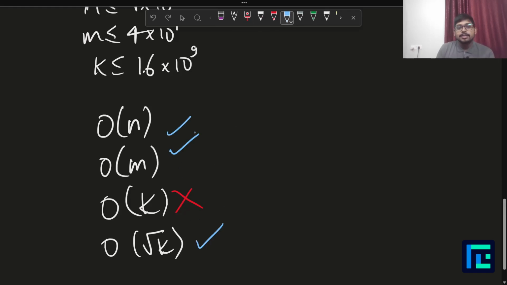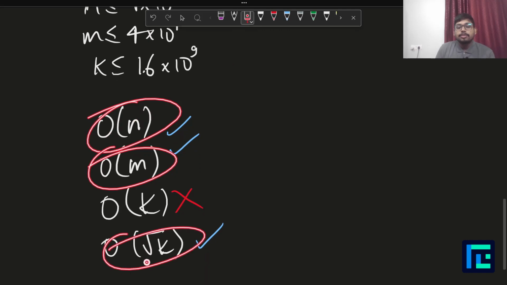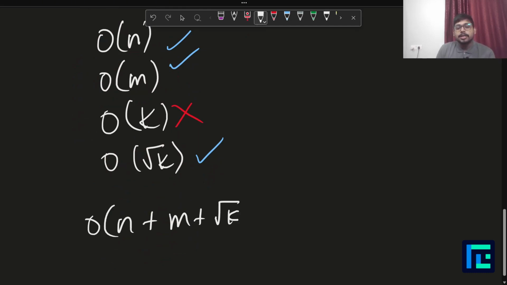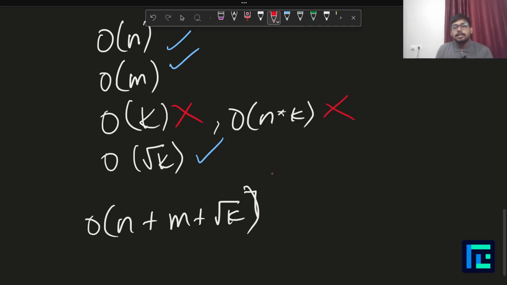So we need a time complexity of the order of n, m, or root of k. These are all fine, and we can also have all of them together, n plus m plus root k. But we cannot have the product of any two of them, or all three. We cannot have something like order of n into m. These would all exceed our time limit.